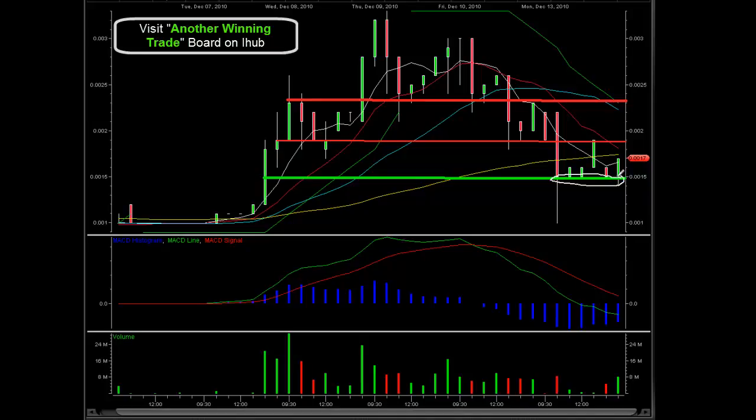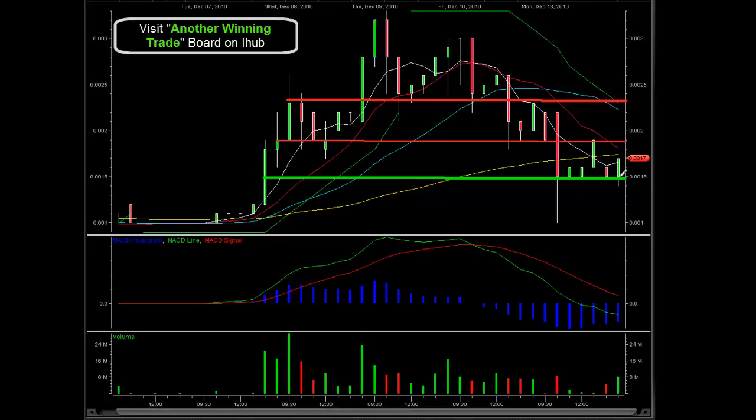You don't want to see price action trade below this level for too long or close below this level. What that's going to do is draw the MACD even lower below zero, and price action is just going to lose all the steam that it has and go back down to this 0.001 level where this breakout originally started. So from a charting perspective, you want this level to hold.